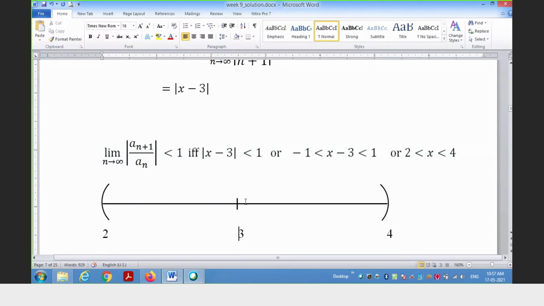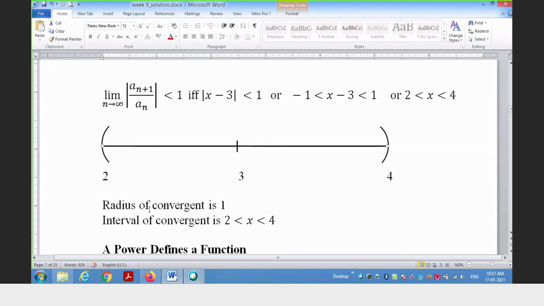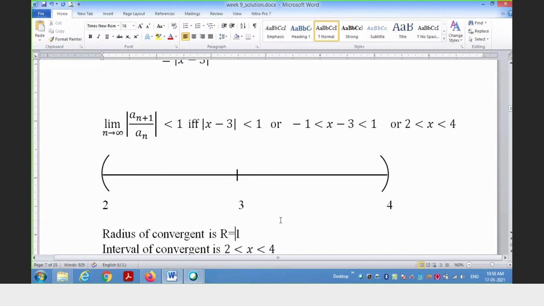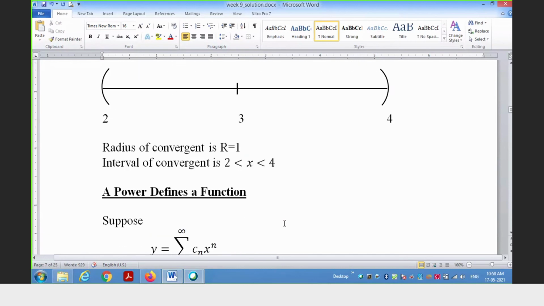From the center we move 1 unit to the right and 1 unit to the left, so in this case r is equal to 1. The interval of convergence is x between 2 and 4. Any questions?